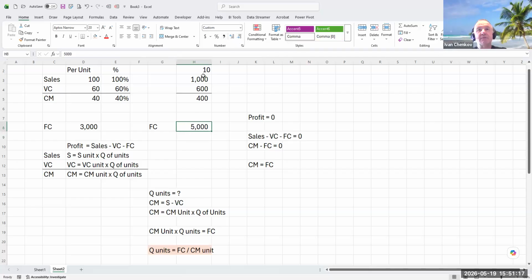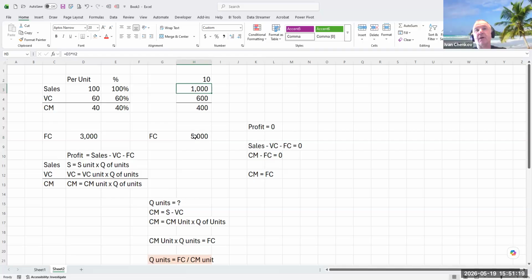How much should my sales be in total to cover my $5,000 fixed cost? We're going to start with the contribution. We know that the contribution margin here has to be equal to fixed cost, so I have to get 5,000 in order to cover my fixed cost. Otherwise, I'm not going to get operating income of zero.